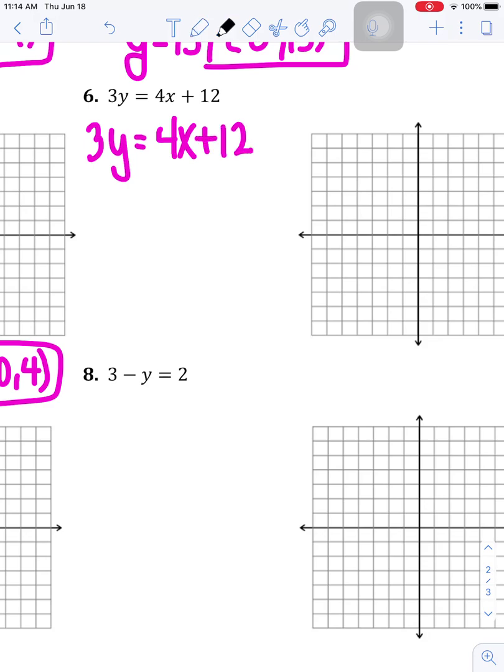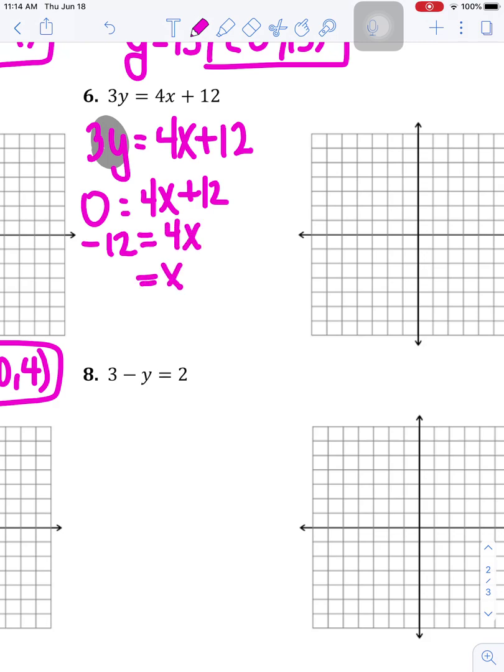So if you are getting the x-intercept, you would zero your y. That would leave you with 0 equals 4x plus 12, which is a two-step equation. And when you subtract the 12 and divide by 4, you get the x-intercept to be negative 3.